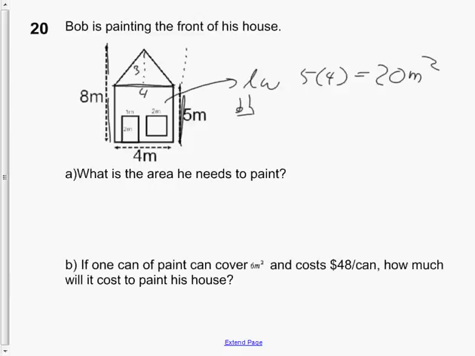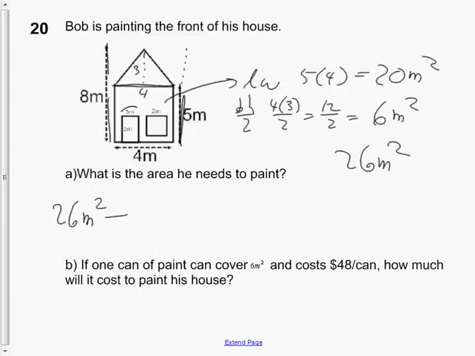So base times height divided by 2 will be 4 times 3 divided by 2, which is 12 divided by 2. The area of the triangular part that makes up the front of the house will be 6 square meters. So the whole front of the house is 26 square meters if there were no doors or windows. But there is. So 26 square meters, take away the door.